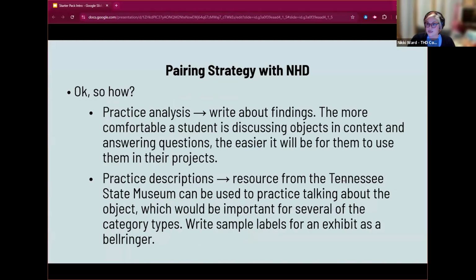So, how do we do this more often? Practice analysis by writing about their findings as the analyzer of the object. The more comfortable a student is discussing objects in context and answering questions about them, the easier it'll be for them to use them in their projects. I think that's the benefit, or the little bit easier jumping-off point, of a letter, a postcard, a photograph, right?